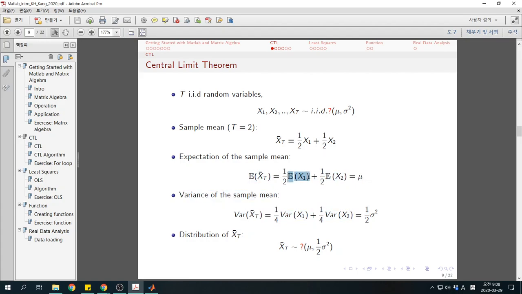1/2 times expectation of x1 plus 1/2 times expectation of x2, and the expectations of x1 and x2 are both mu. So it must be mu, right?